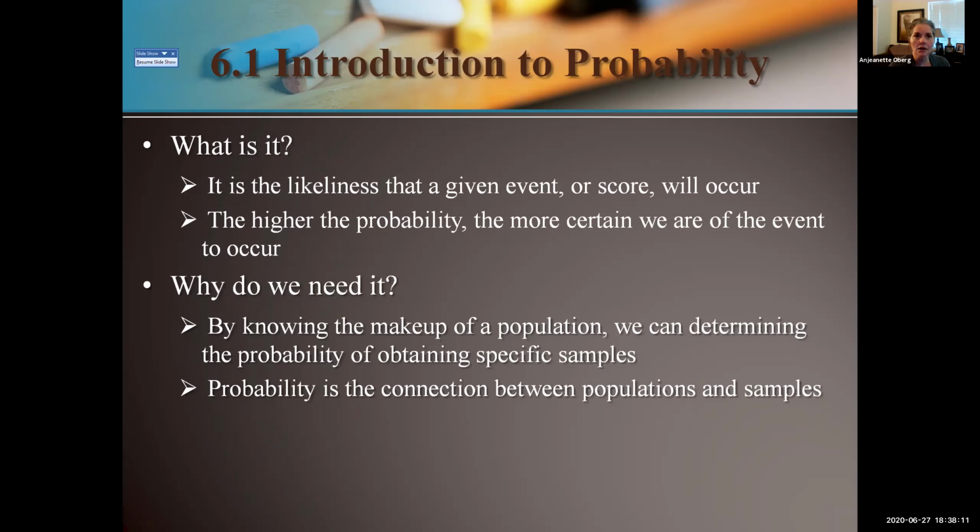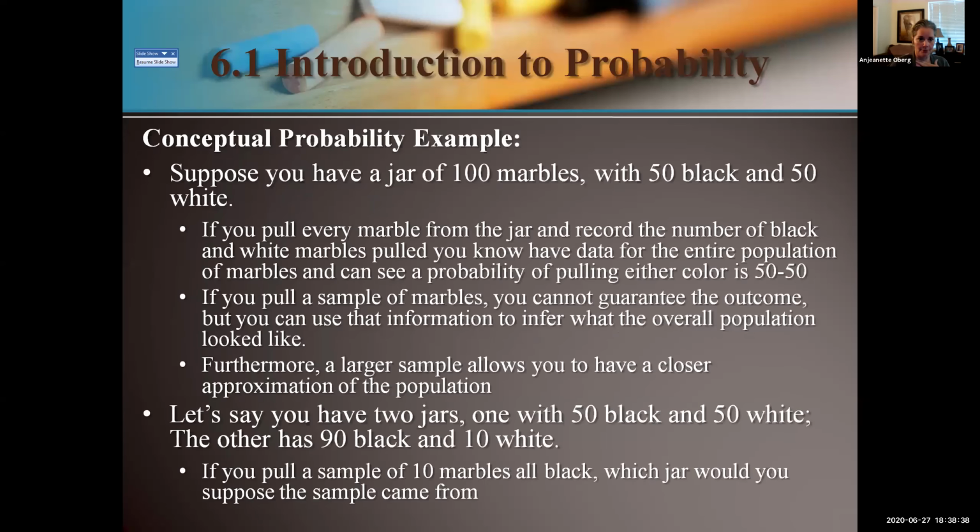So we need to know what's happening in the overall population to determine the predictable probability or likeliness in the corresponding sample. If I know there's a certain makeup in the population, then I can predict, as I'm sampling, what the makeup is going to be in my corresponding sample.